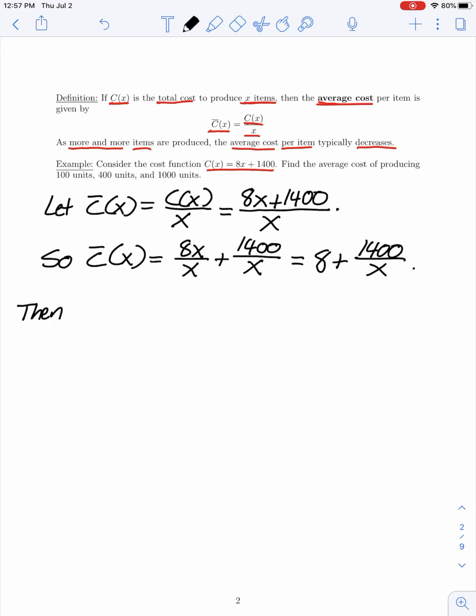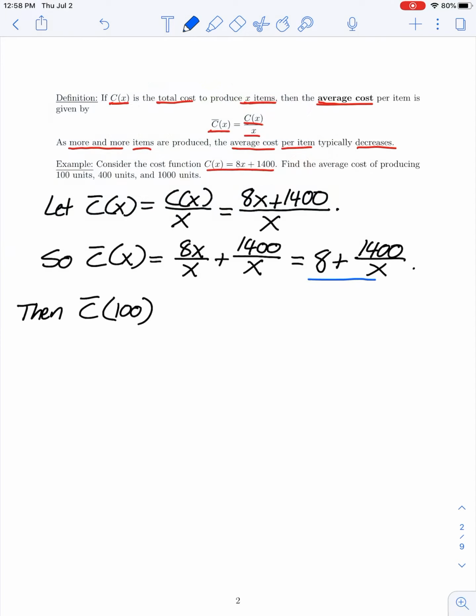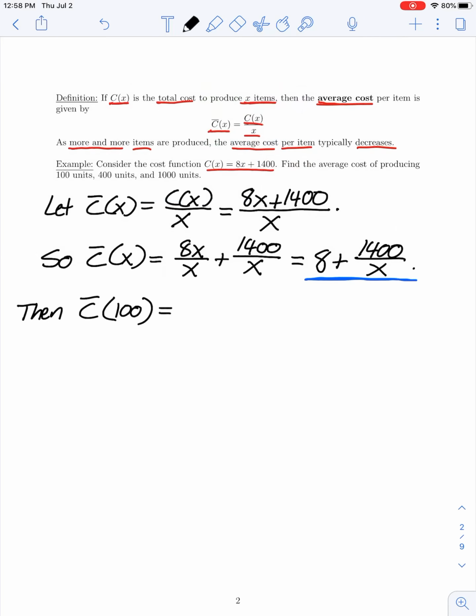So let's look at the average cost for the indicated values. We were first asked what is our average cost of producing 100 units. So we're going to plug in 100 for our average cost function. We can use either of the expressions we found before. I'm going to work with the expression given here, 8 plus 1400 over x. So here we have 8 plus 1400 divided by x, which was 100.